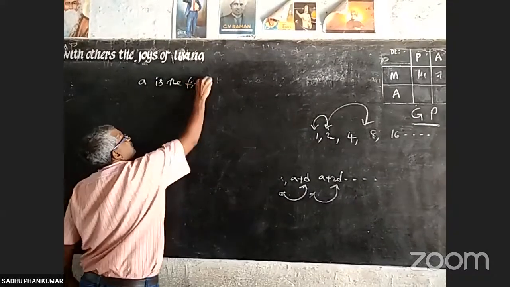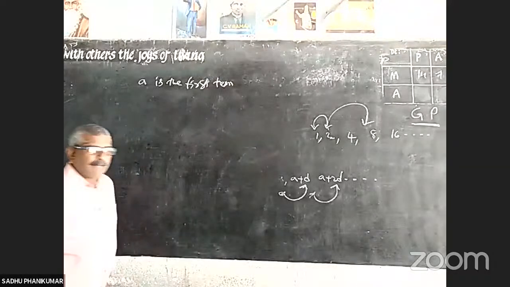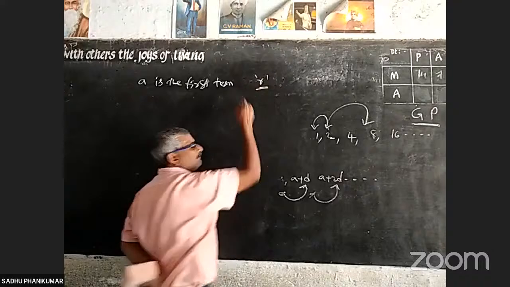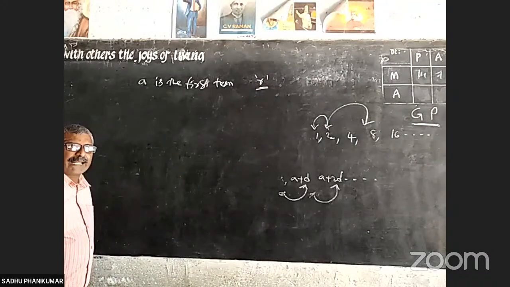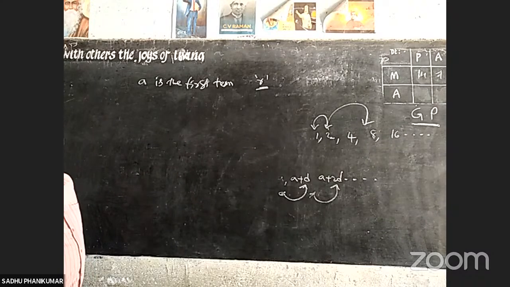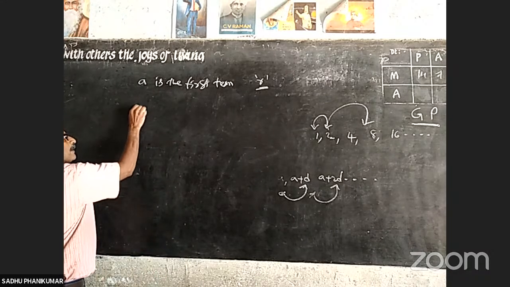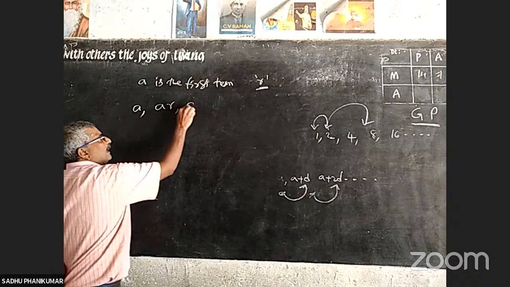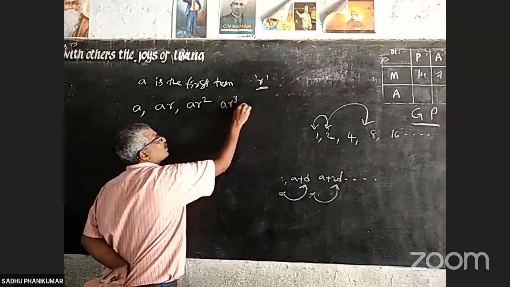Take the first term, and here the number I am multiplying with every term is R. R is a fixed number, and I am multiplying each of the terms with that number R. So the general form is A, AR, AR square, AR cube, and so on.